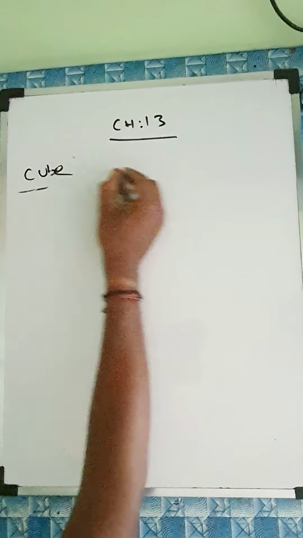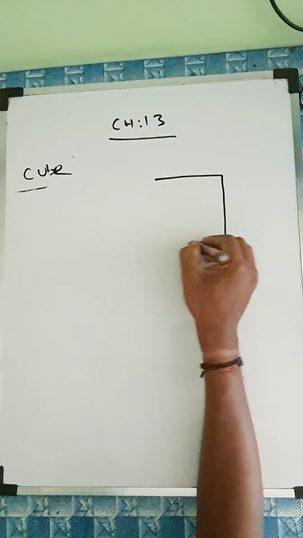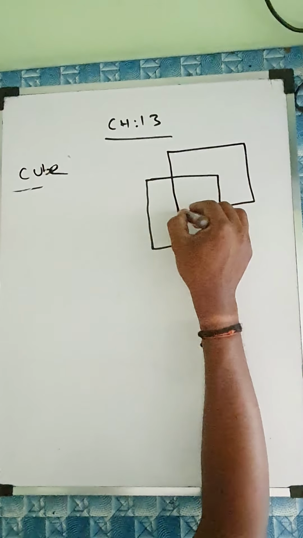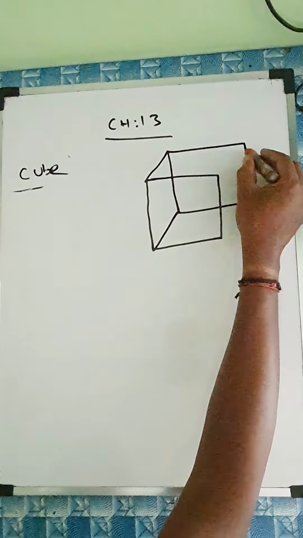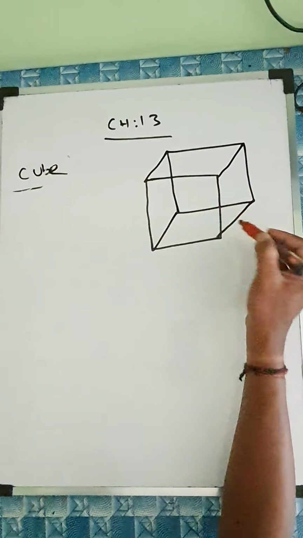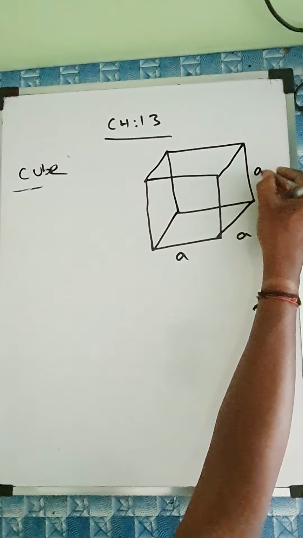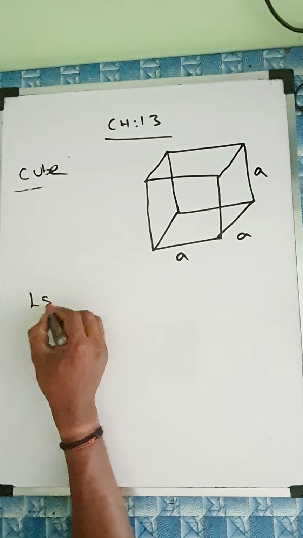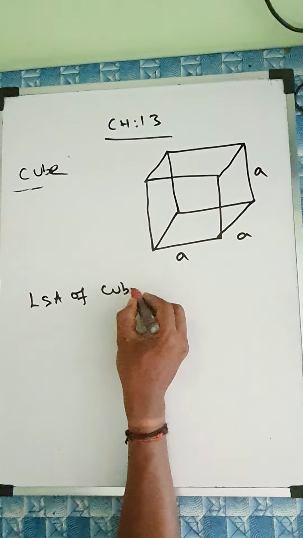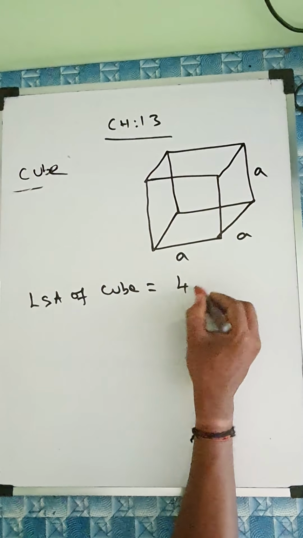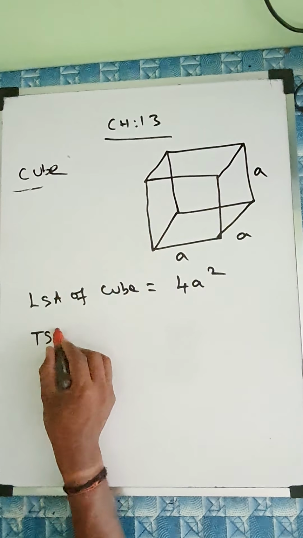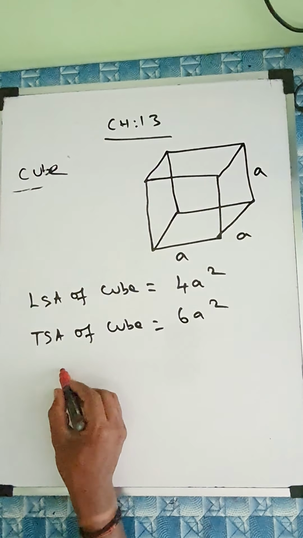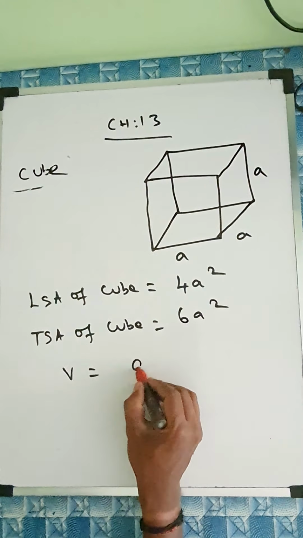Cube and cuboid, the difference is that in a cube all the sides are equal. Cuboid means L, B, H are different, but here all the sides are the same. So LSA of cube, lateral surface area, is equal to 4a square, and TSA of cube is 6a square, and volume of cube is a cube.